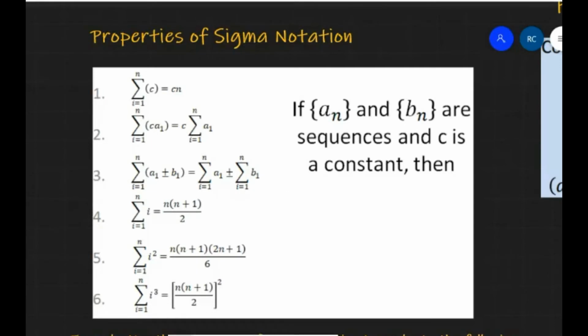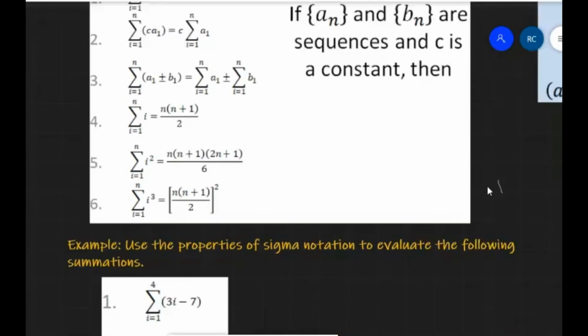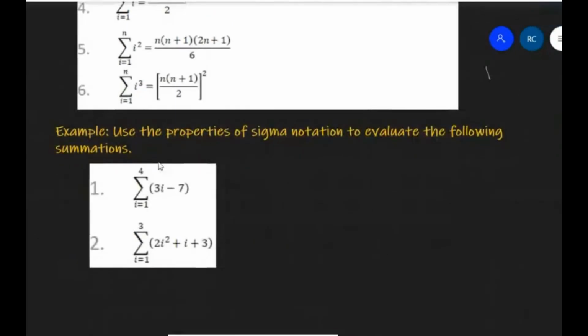Let's have an example. Using the properties of sigma notation, identify natin itong ating summation. Hindi na tayo maglalagay, pwede namang gawin yon pero medyo mahaba. Gamitin natin itong property. Since merong operation between them, we have to separate yung ating terms.